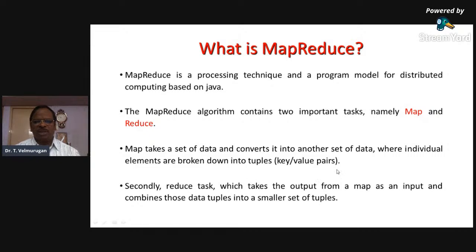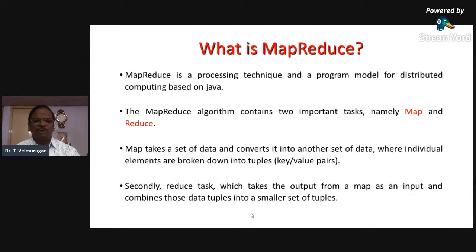The tuples are created by the mapper based on key-value pairs. The tuples are produced by means of this map task.